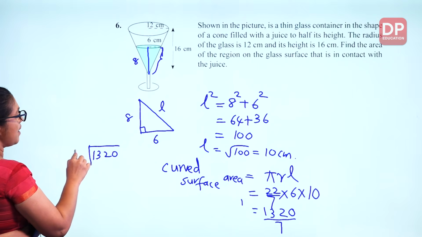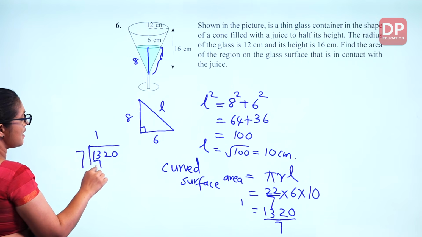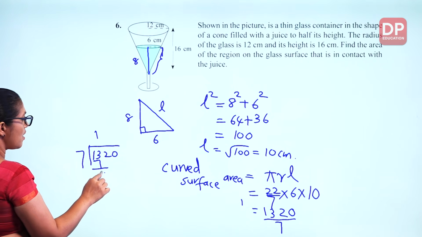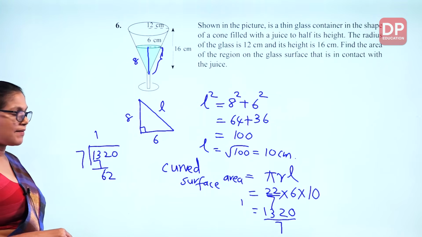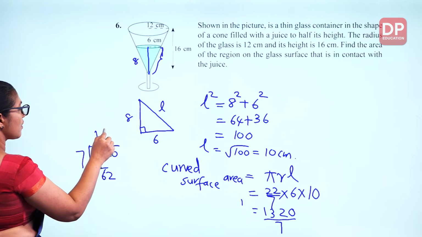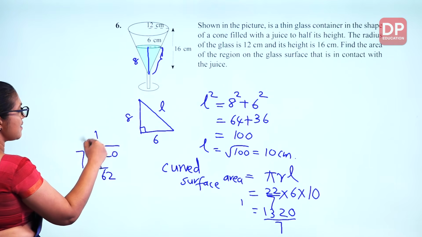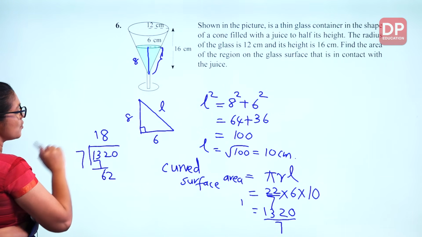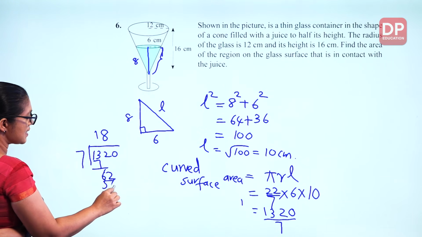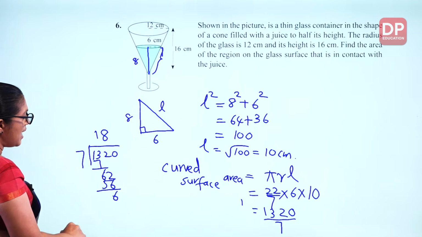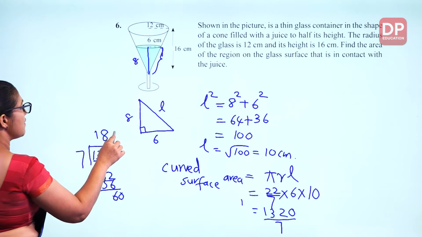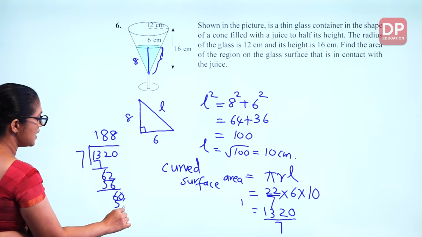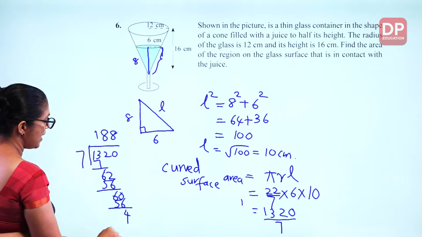1320 divided by 7. 7 times 1 is 7. 6 remaining, so 62. How many 7s? 7 times 9 is 63, so 8. 8 times 7 is 56. 6 remaining, so 60. How many 7s? 7 times 8 is 56. Then 4 remaining.